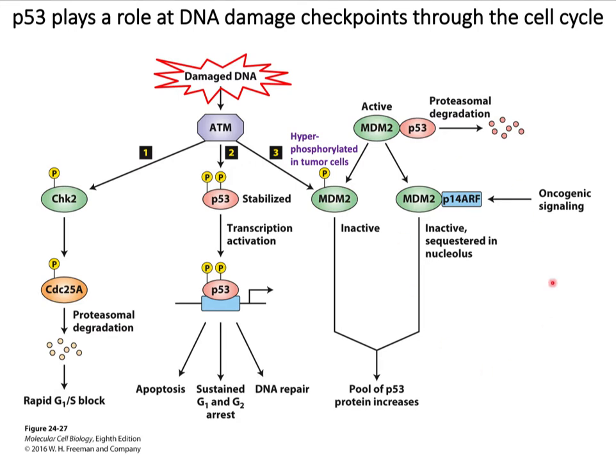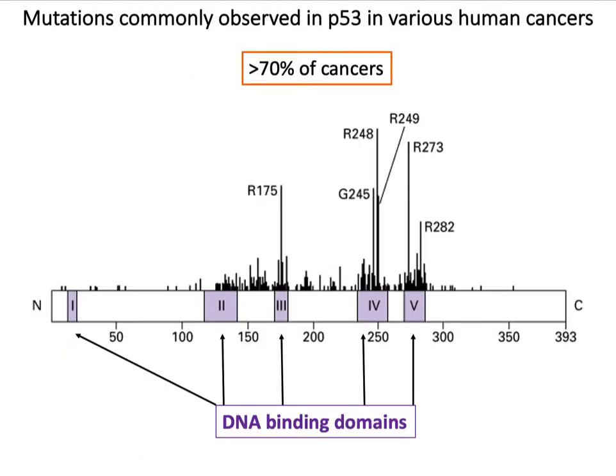I also need to mention that MDM2 is often affected in tumor cells, and it is hyperphosphorylated in tumor cells. So all these could be considered loss of function in various ways that may lead to neoplastic phenotypes. All right, so in more than 70% of cancers, p53 function is lost.